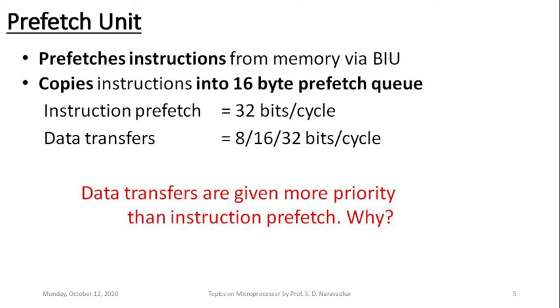But if the generated data is not copied immediately to the destination, then probably the next data generated by the next instruction will overwrite the earlier one. Okay, that's why data transfers are always given more priority than instruction prefetch.